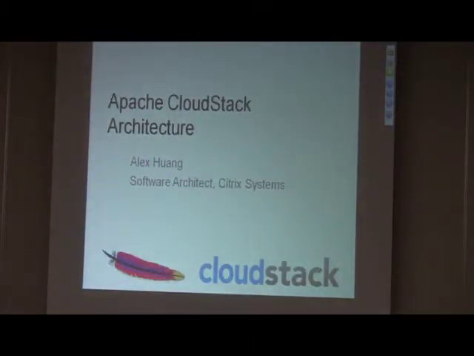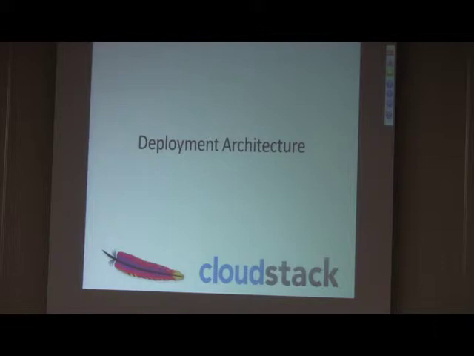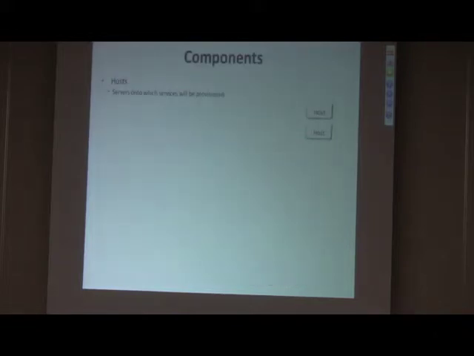This is a slide that I did for the Beijing Cloud Expo, and it details CloudStack's architecture. I covered this in the introduction, where we allow self-service access to CloudStack's UI. When you deploy CloudStack, you start with the hypervisor host and primary storage attached to those hosts.